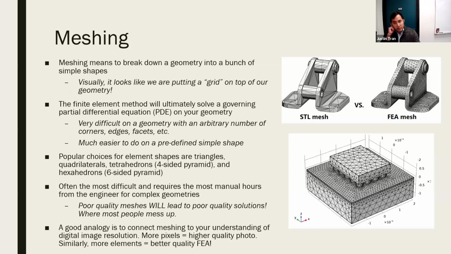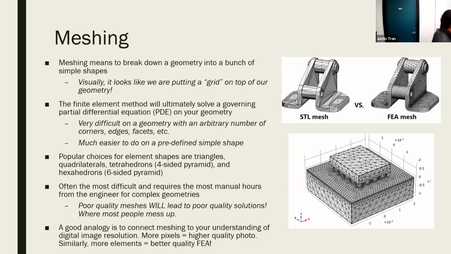All right, meshing. Probably the most iconic feature of finite elements is to put a mesh on your model. Okay, so meshing, in a nutshell, is to break up your geometry into much simpler shapes. The idea is to basically turn your geometry into a Lego set. That's the analogy I tell people.